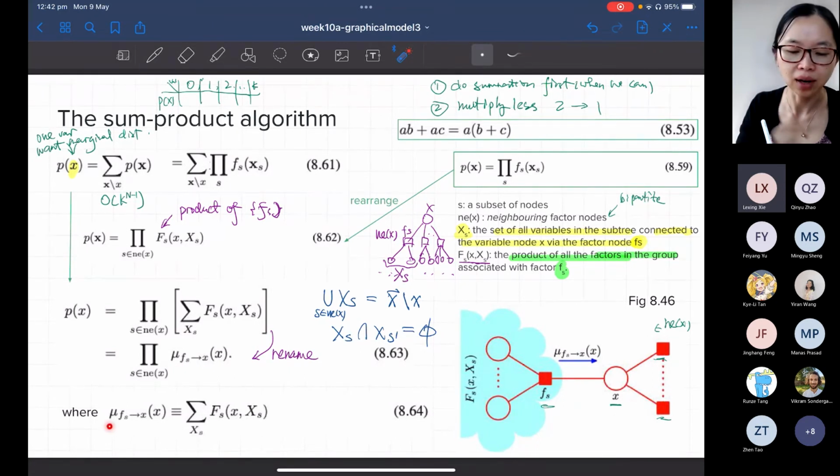And we call it the message mu from this factor node f small s to the node x. And it's nothing but essentially these big F's with all the downstream nodes marginalized out.